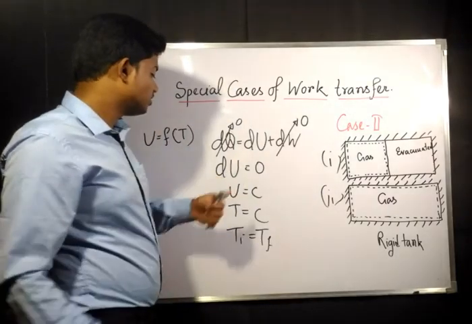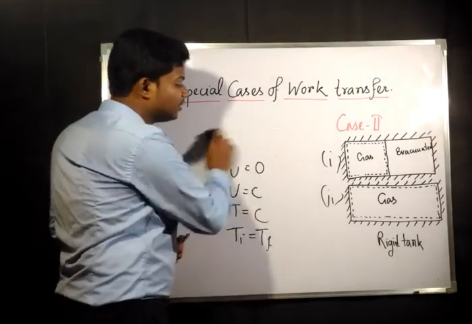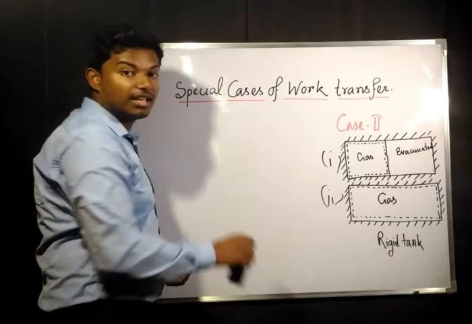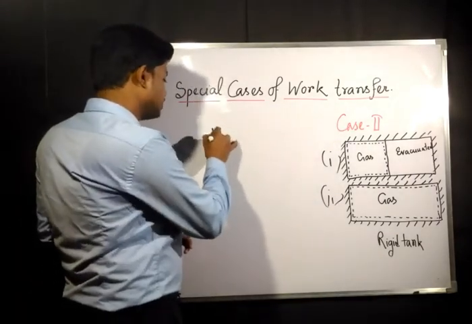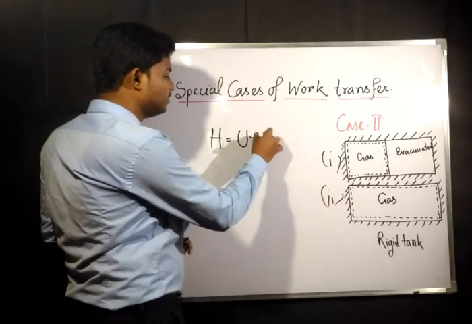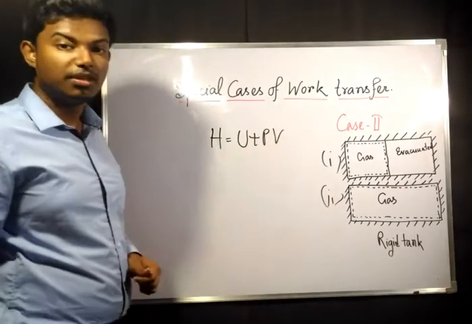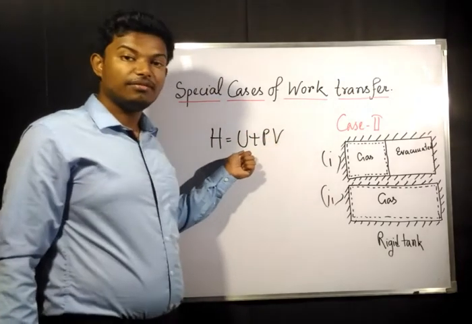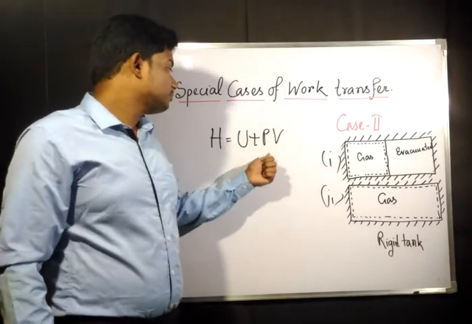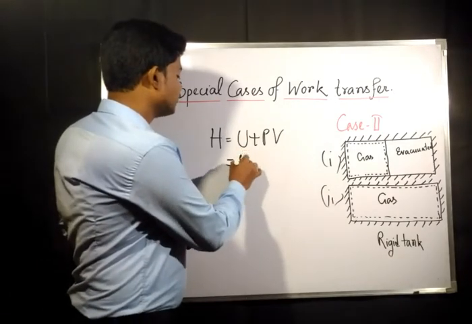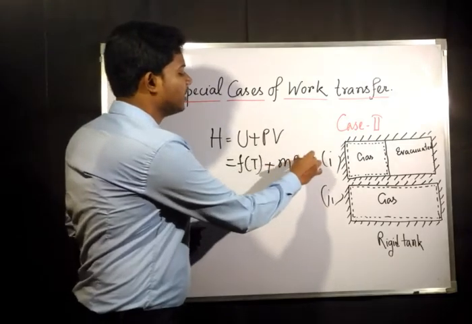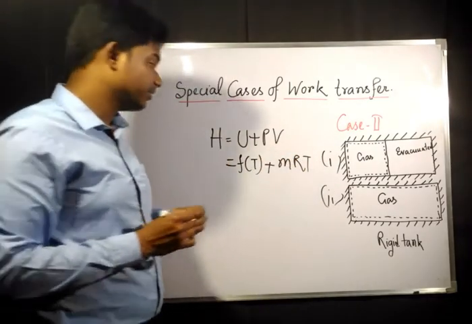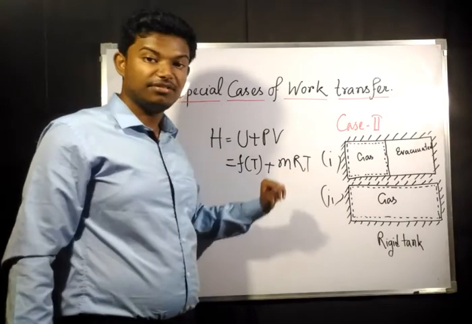Another thing is that enthalpy is also going to be constant. Enthalpy is nothing but H equals U plus PV. Here U is a function of temperature, and PV equals mRT. Now m and R are constant, T is variable.